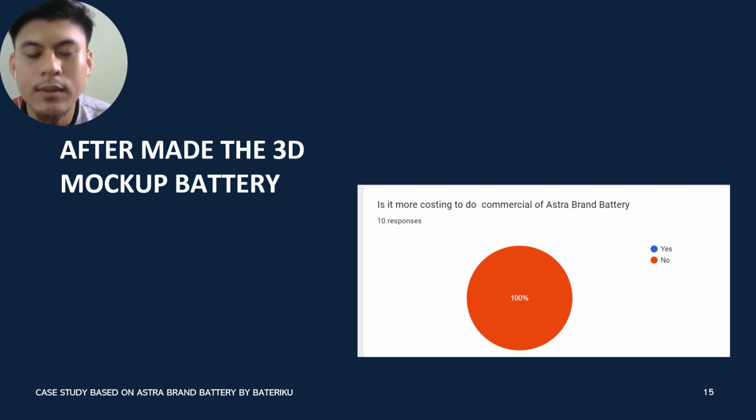So this survey proves the mockup Astra band battery helps reduce cost and also reduce the time taken to do the commercial activity, so the commercial activity can be executed well and smoothly after this.